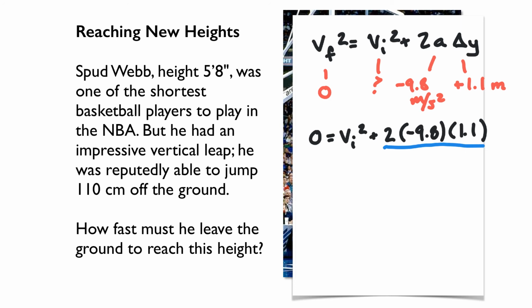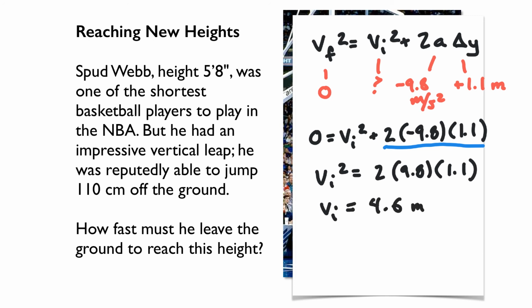I'm going to move that to the other side of the equation, and so I can rewrite as this way. vi squared is equal to 2 times 9.8 times 1.1. And if I solve for what vi is, I get vi is equal to 4.6 meters per second. Okay? That's what we get.